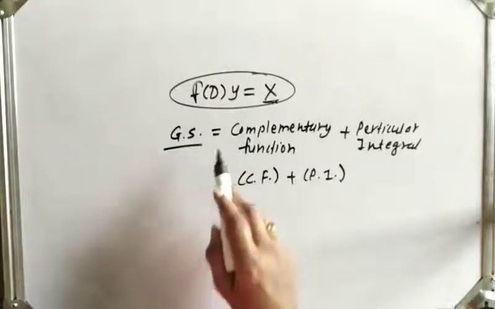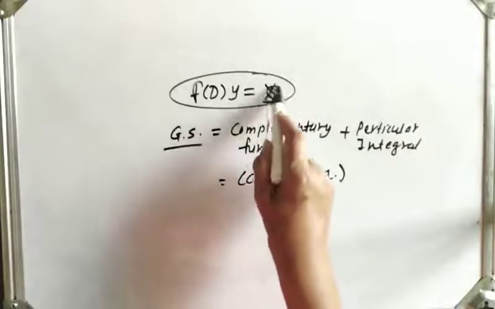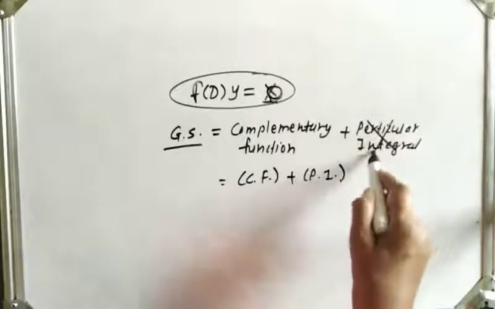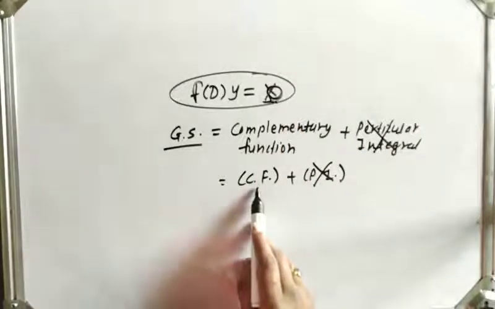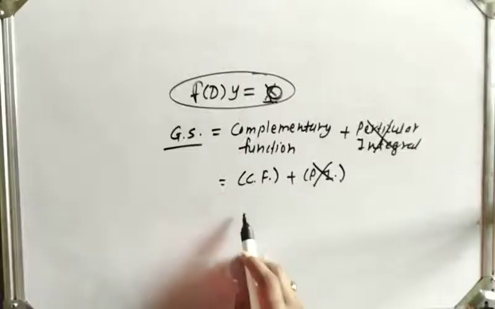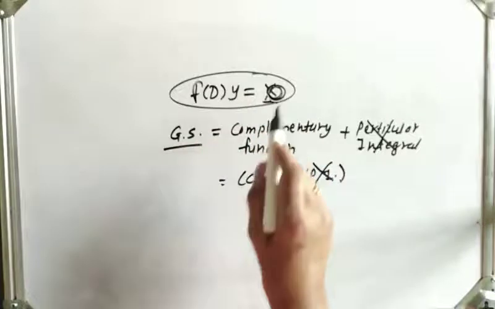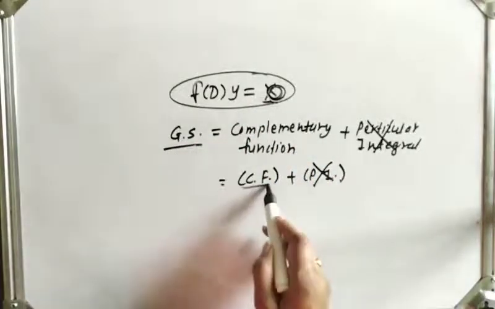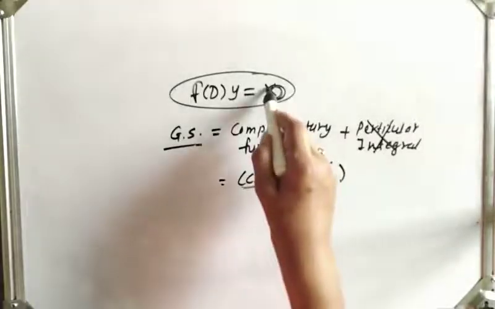If the differential equation is homogeneous, this part will be 0, so in that case the particular integral does not exist, and the general solution is the same as the complementary function. Therefore up to now, in all the examples we solved, which were homogeneous, the general solution was nothing but the complementary function. Now let us solve examples of the non-homogeneous type.